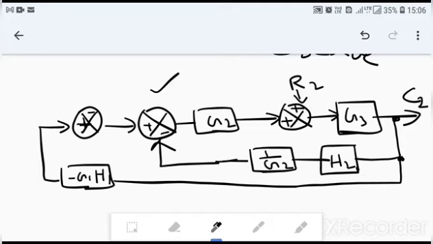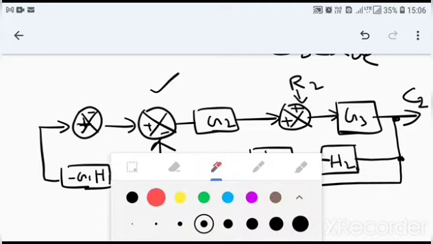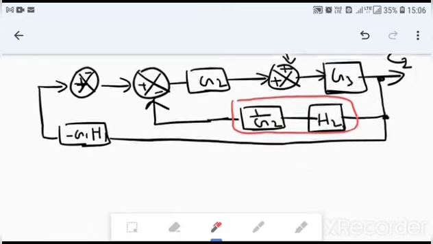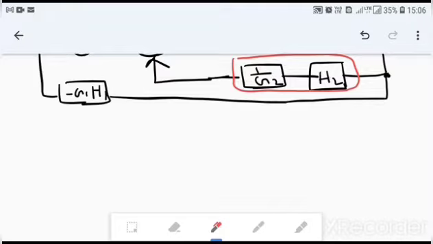Now we will be combining these two blocks, 1 by G2 and H2, which become a single block, H2 by G2. Then combining parallel blocks and eliminating the feedback path will be done. After interchanging, we get this block in step 3.